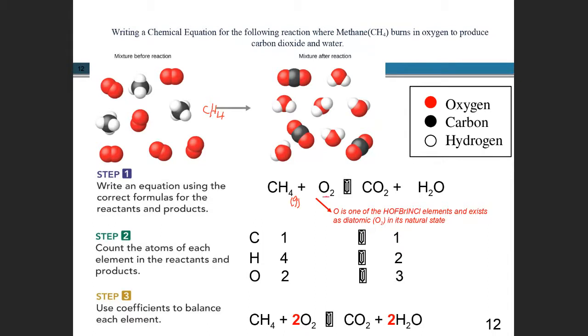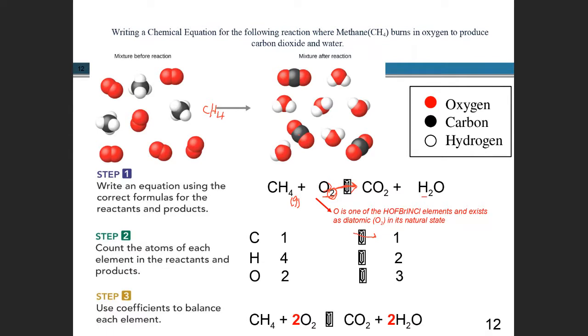When I write oxygen, it has to be O2, because oxygen is a diatomic molecule, so I have to add the subscript 2 here. This number is a subscript. Sorry, this should be an arrow. This will give CO2, carbon dioxide, which is a molecular compound, and this is H2O, which is water.